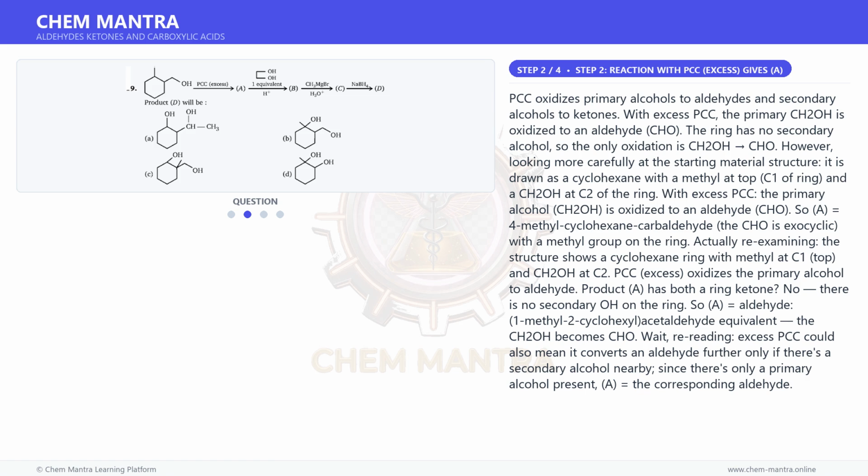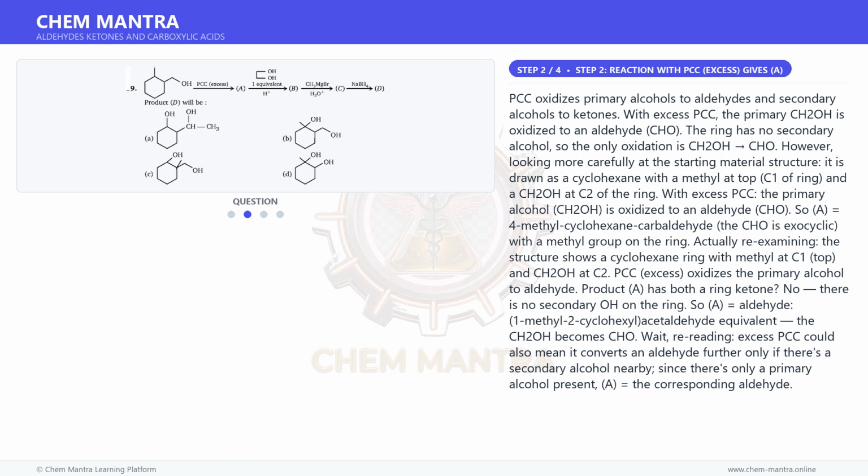Actually, re-examining, the structure shows a cyclohexane ring with methyl at C1, top, and CH2OH at C2. PCC, excess, oxidizes the primary alcohol to aldehyde. Does product A have a ring ketone too? No, there is no secondary OH on the ring.